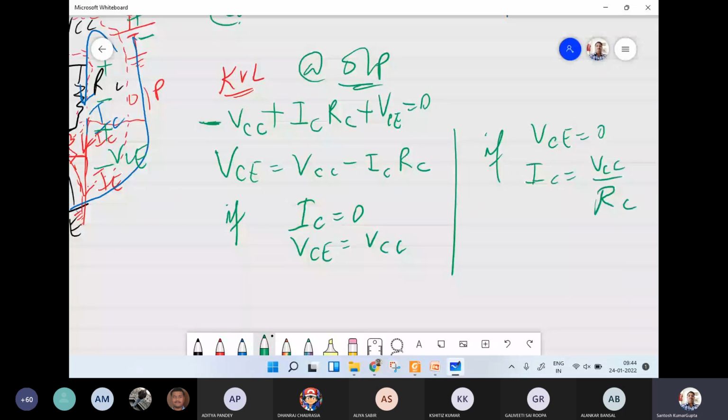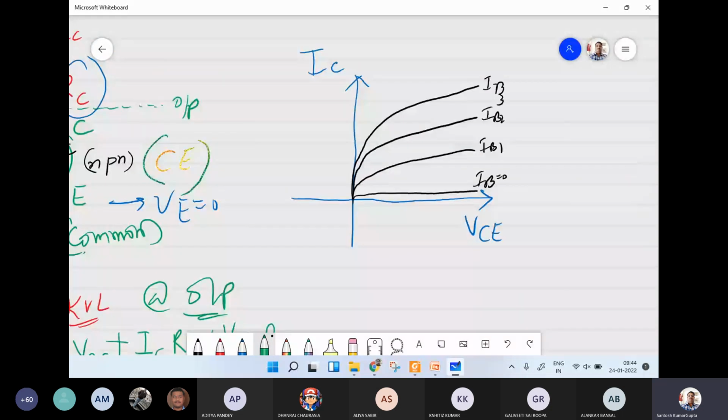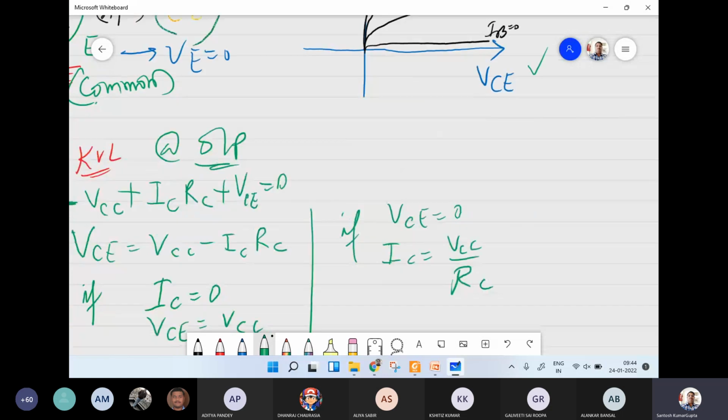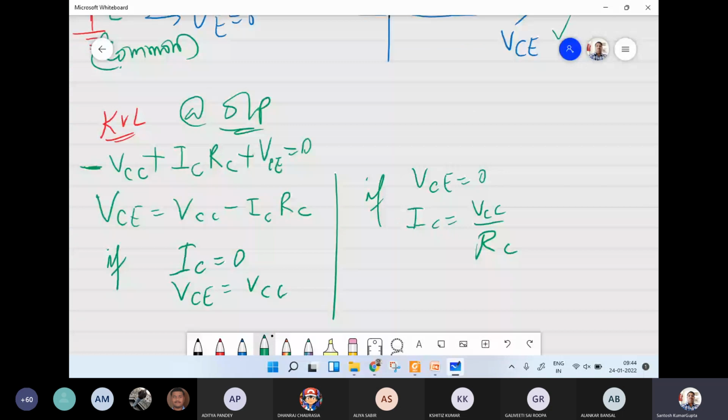Okay, so these two values are very important here. The characteristic which we have drawn for the common emitter is between IC and VCE. And we wrote the KVL equation corresponding to the output, which is VCE is equal to VCC minus IC RC.